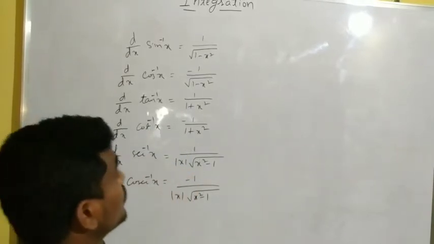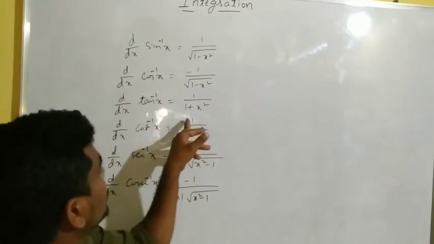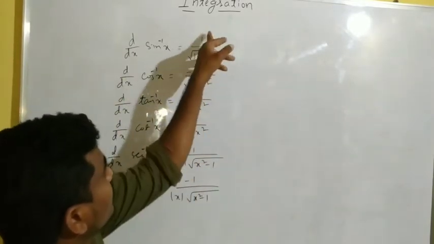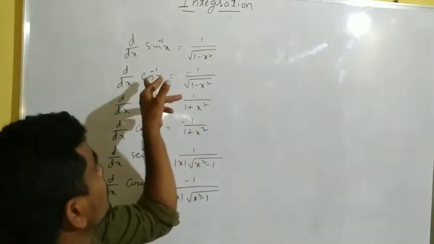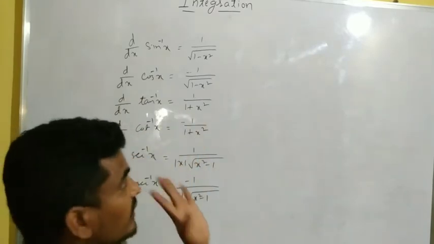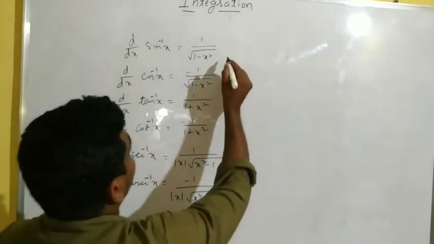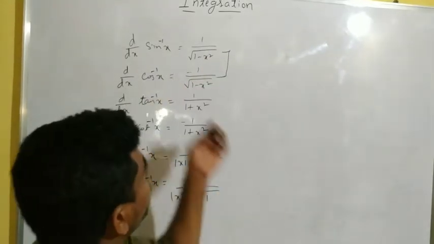Okay, very simple to remember all these. When c is there, that time we get a minus. Here, 1 by root over 1 minus x square, and here we get minus, because here it is cos, here c, here c is there, that's why we are getting minus. So these two are the same but the symbol is changed.